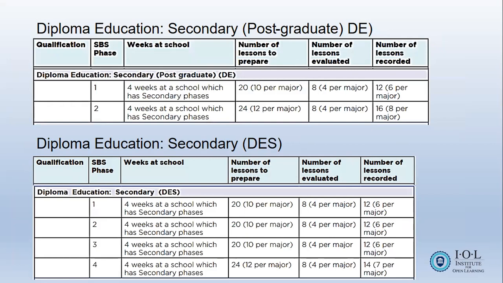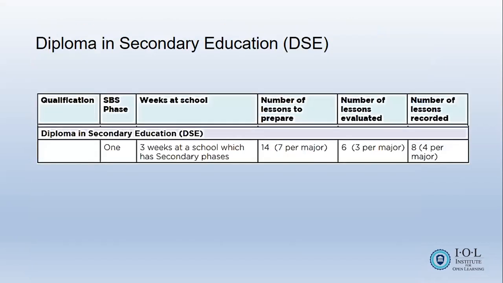Then we have the Diploma Education Secondary, and it's 4 weeks there. We have 20 lessons to prepare, 8 evaluations, and 12 lessons which were just presented, but we just recorded.